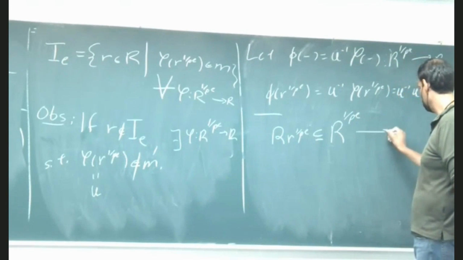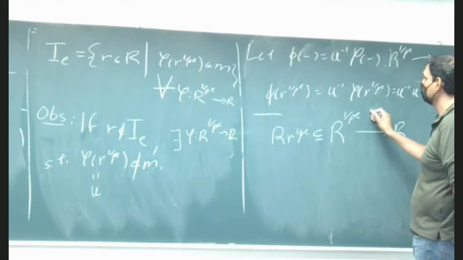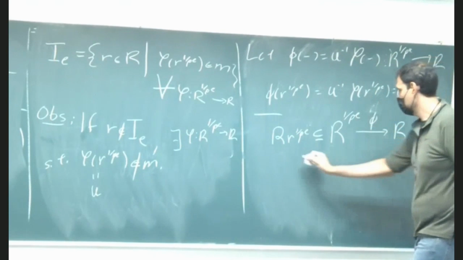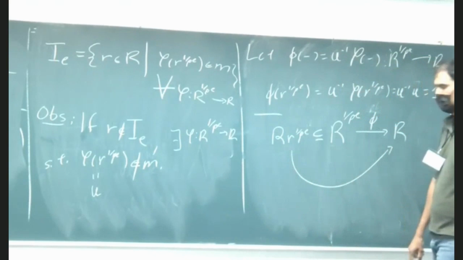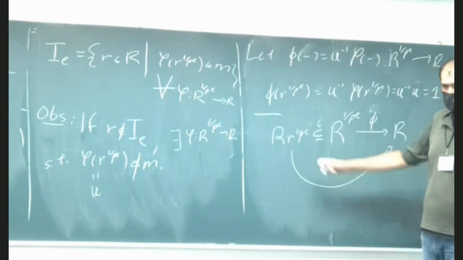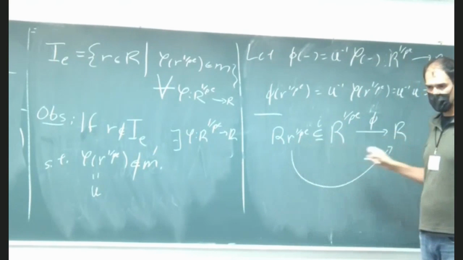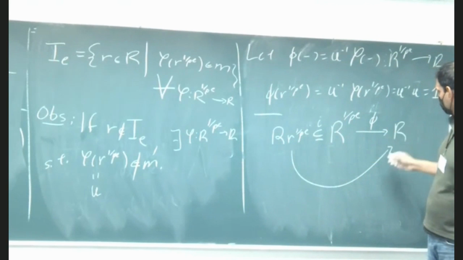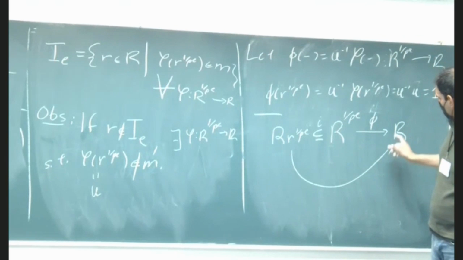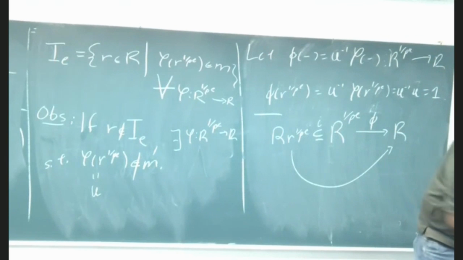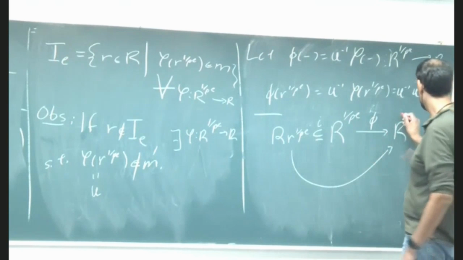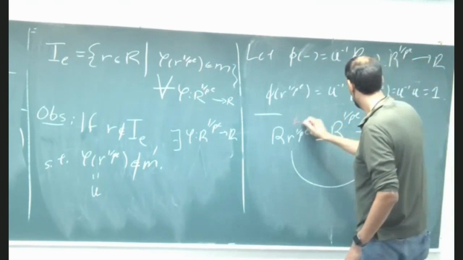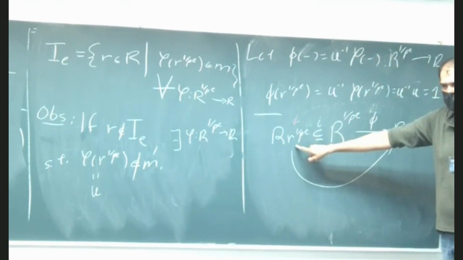And then I apply this phi to R. It's going to be an isomorphism that sends this one to 1. So because of this, we can go back here just by multiplying by r^(1/p^e).